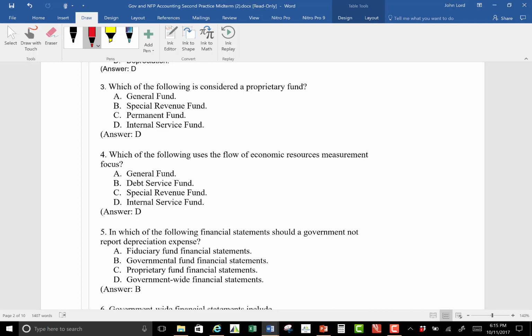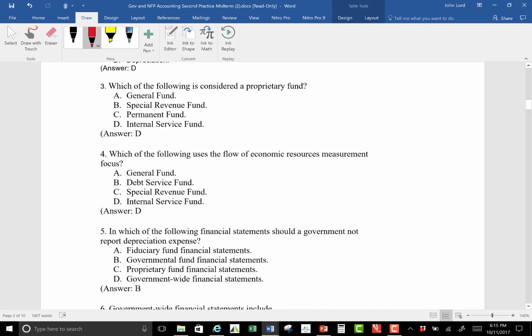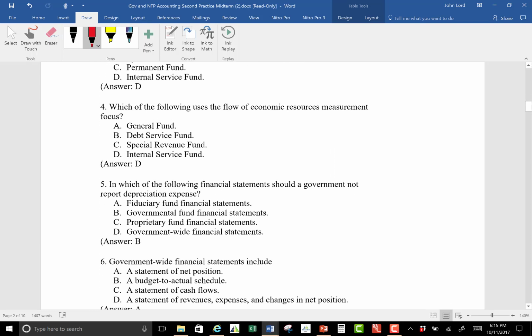General fund, debt service fund, special revenue fund are all governmental funds, aren't they? So they'll be current financial resources measurement focus. Internal service fund is the one proprietary fund up here that uses economic resources.